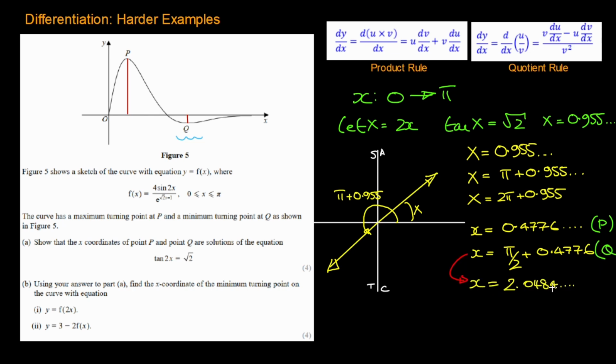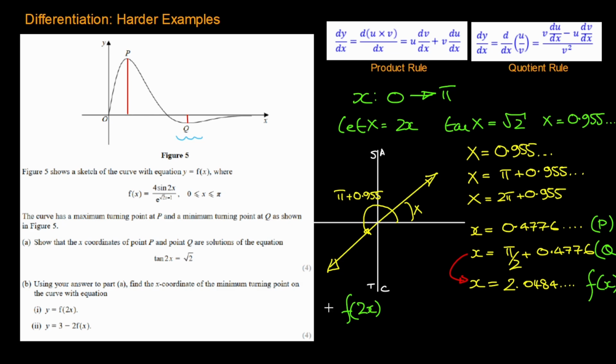And if you put that into a calculator, this is the coordinate of Q. x is equal to 2.0484. But they've been slightly tricky. This is the coordinate of Q of f(x). We want the coordinate of f(2x). And you should know that when we multiply the x value within a function, the curve concertinas in by a factor of 2.